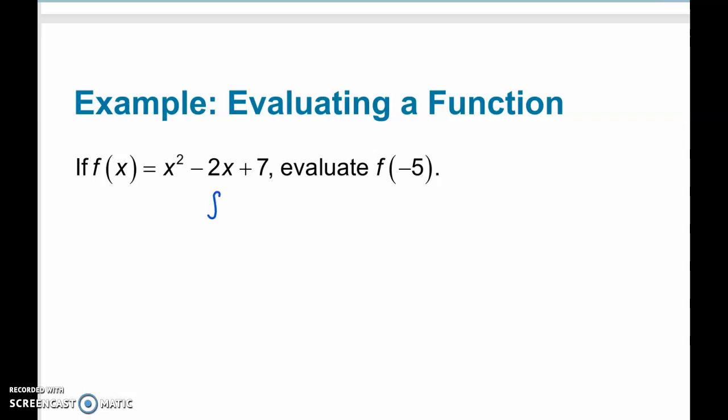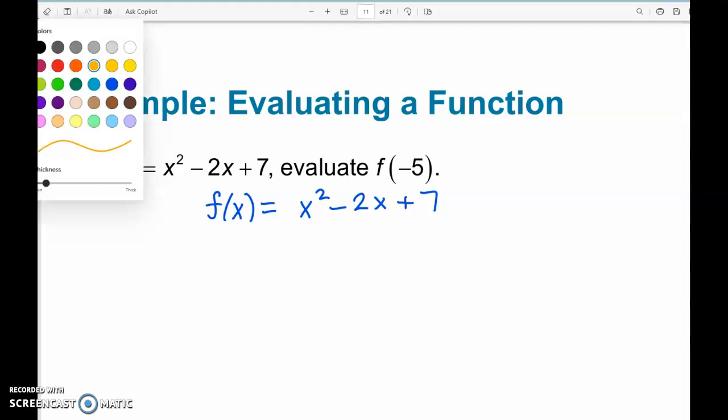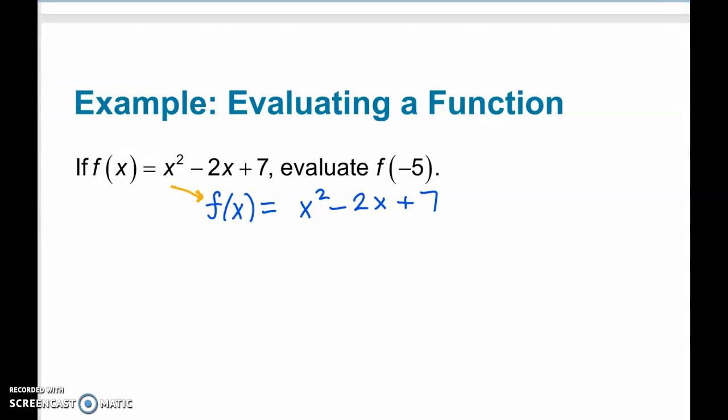But before we do what it is asking us to do, let's talk a little bit more about what this function notation means. First I have this letter f at the front. This doesn't mean f times x.